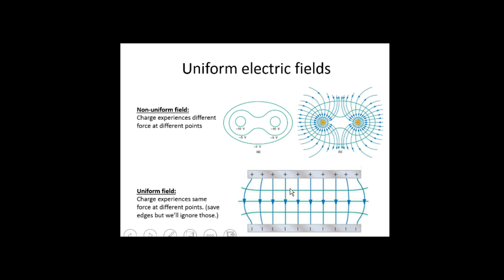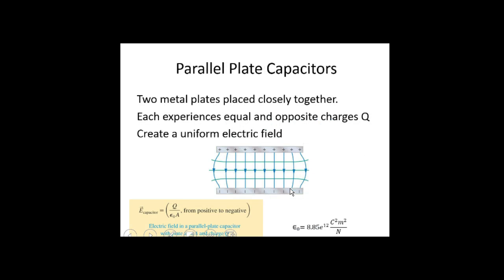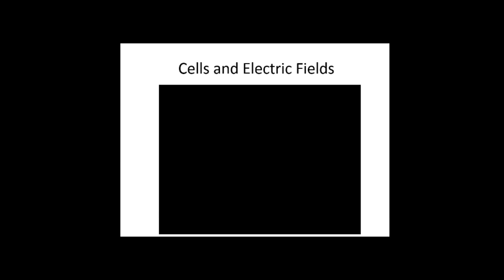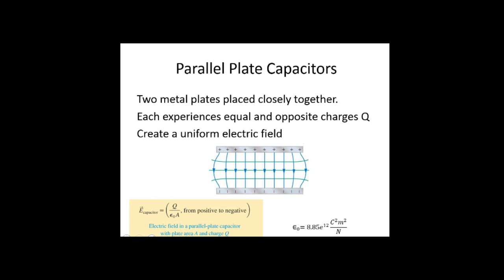And to get these uniform electric fields, we use a device called a parallel plate capacitor. Parallel plates are just two thin metal plates, and they usually have some kind of wire connected to them to charge them, either from a battery or a wall outlet.